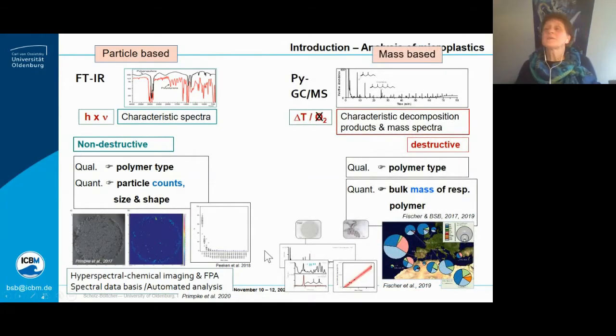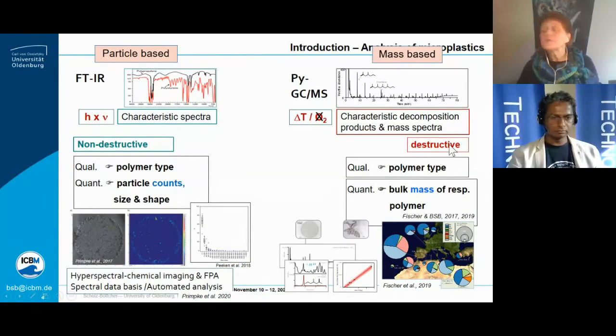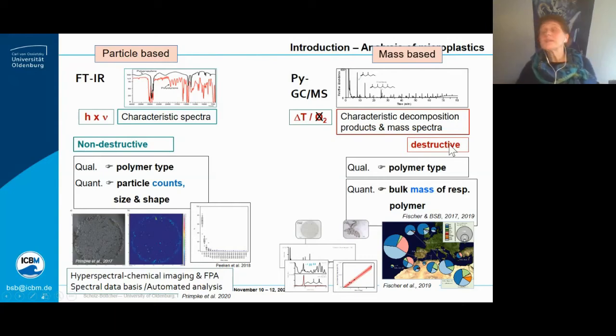So mass-based methods, in contrast, are destructive methods. That is not as good. So in a succession, they are always the last analytical tools. And the polymer is decomposed with temperature and under the exclusion of oxygen. We get a pyrogram after time resolving with a gas chromatograph, and we get mass spectra after detection with mass spectrometry methods.